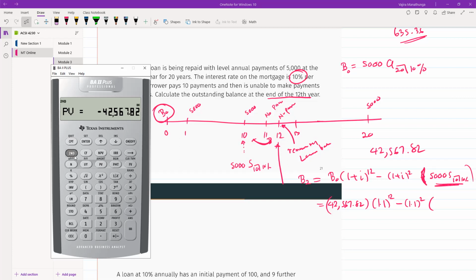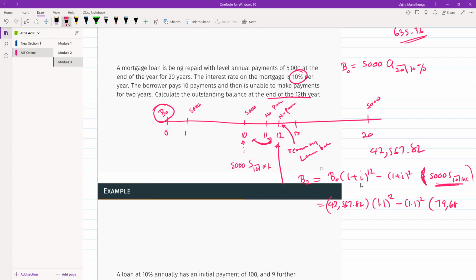So, first, second, reset. I usually reset my calculator just to make sure nothing remains in one of those cells and gives me a wrong answer. So payment is 5,000, N is 10, rate also 10%, 0 present value. Compute future value. So 79,687.12.